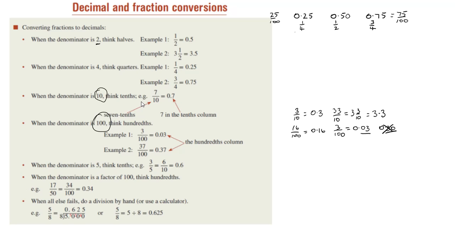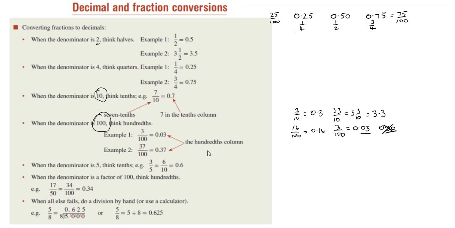Okay, now the other one we need to look at is when the denominator is 5. Denominator of 5 is easy because 3 over 5, we can simply change that to a fraction out of 10 just by doubling, and suddenly we have our decimal.